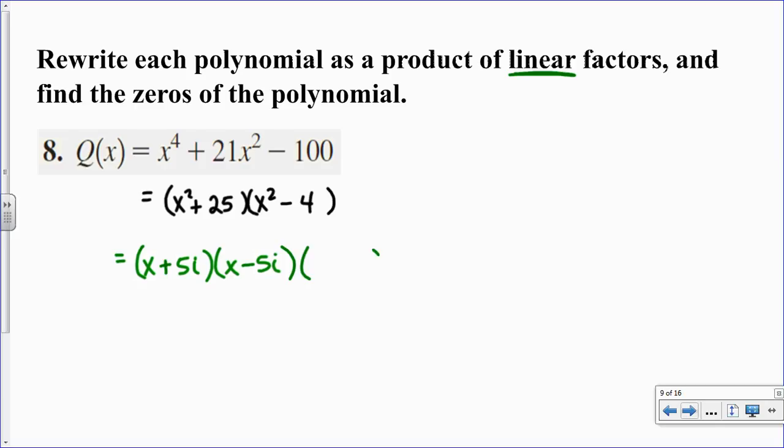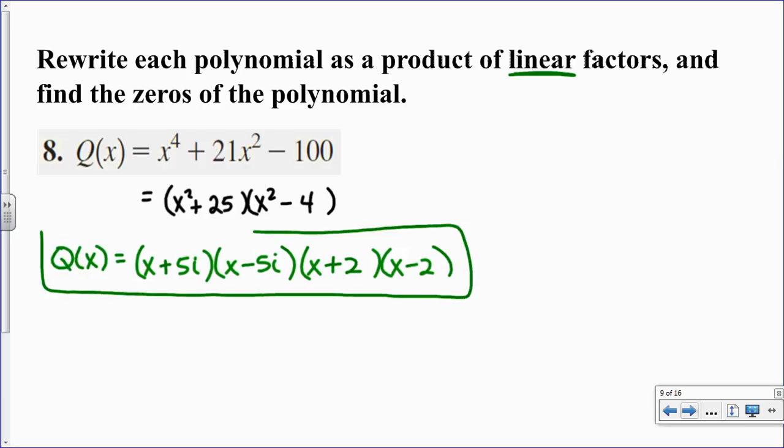And what about x squared minus 4? Okay? And it's difference of squares, so these are real numbers. Okay. So this is the linear factors. And then it wants us to find the zeros. Does it say real zeros?